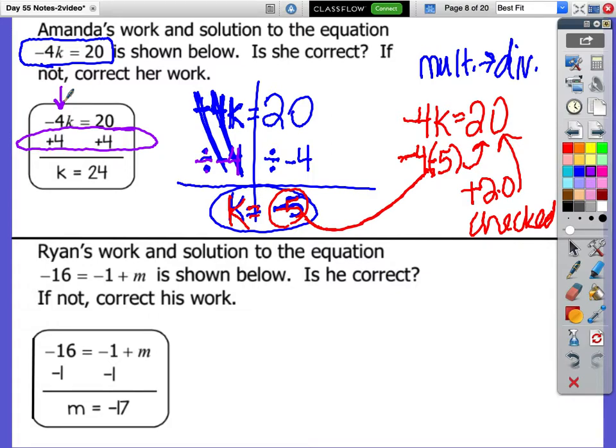No, Miss Amanda, that's not right. Any time we have a variable with a number right in front of it and there is no sign in between the number 4 and k, that means multiplication is happening. And if we know multiplication is happening, then we do division to solve our equation.